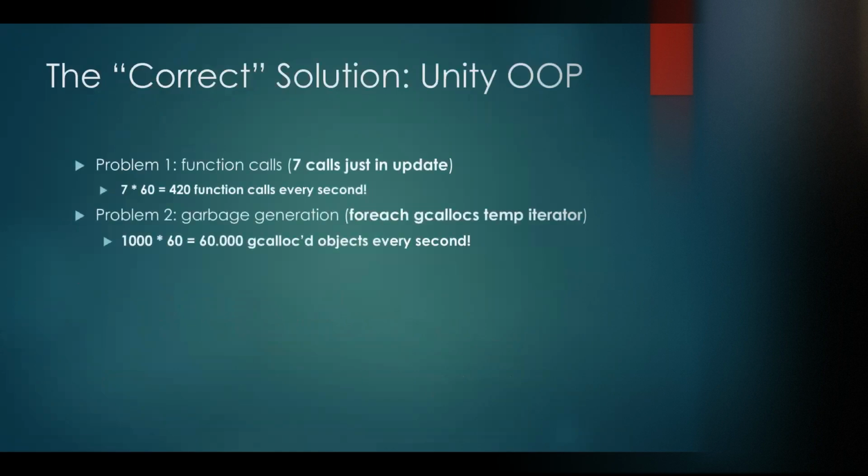Second problem, if you guys remember, we're doing a foreach iteration over the array. Imagine we have only 1,000 soldiers, right? At 60 frames per second. Remember, every time I move to the next element, I am effectively allocating a temporary iterator object. So at 60 frames per second, I'm allocating 60,000 tiny objects that the garbage collector is going to have to come and collect for me.